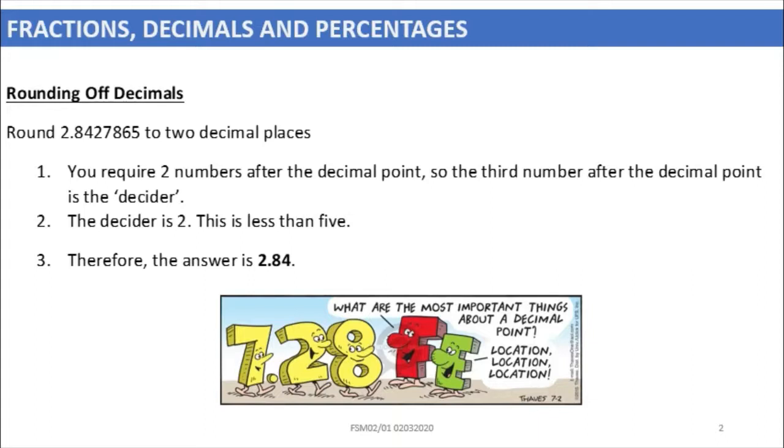We want to make sure it's the nearest figure, and because it's less than 5, it will go to 2.84. If it, for example, is 2.846, which we'll touch on the next question, it would have gone up to 2.85. Remember, 1 to 4, we always go down. 5 to 9, we always go up.